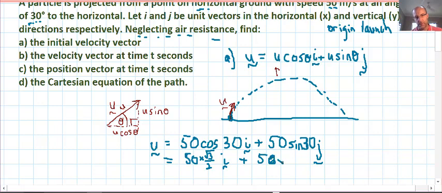I didn't want to write a decimal, I wanted to use a fraction, darn it. I'll fix that up. Hey presto, that's better. So we have 25 root 3 i plus 25 j meters per second.